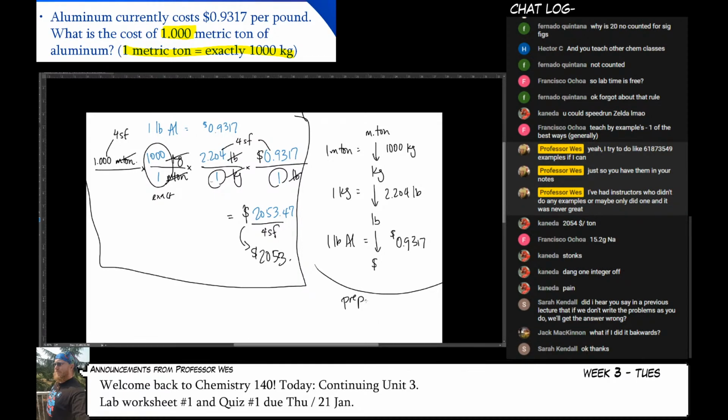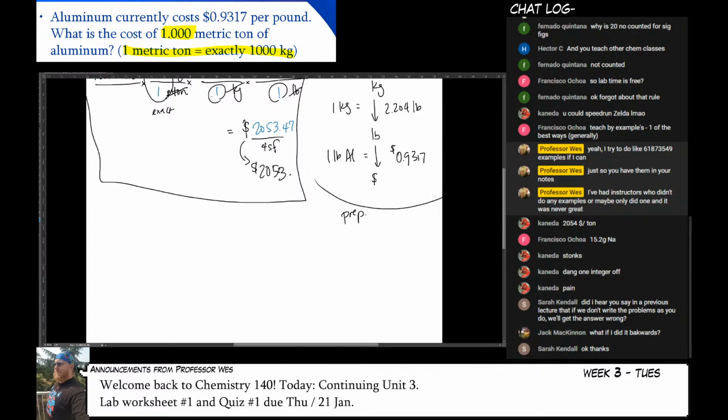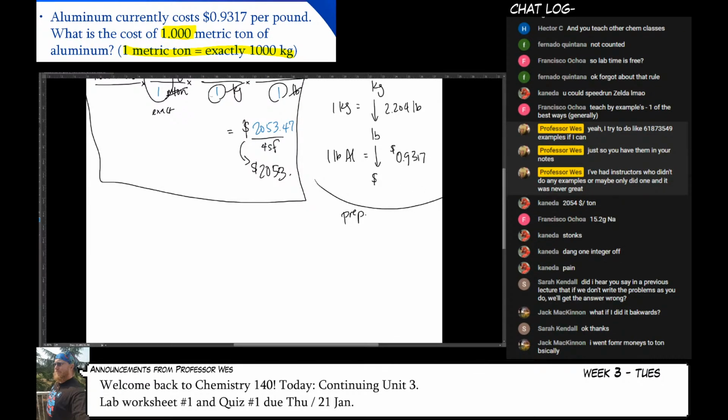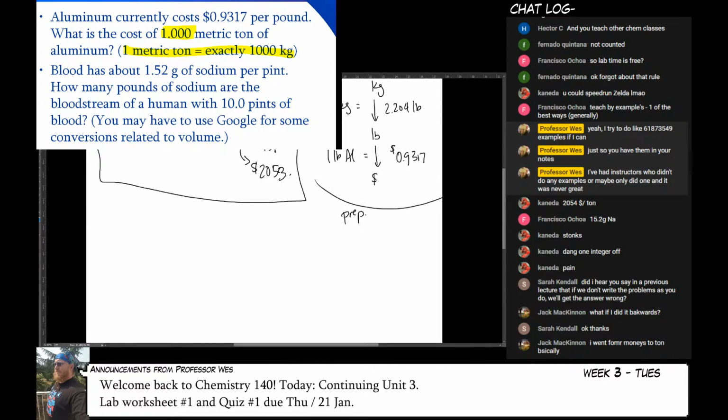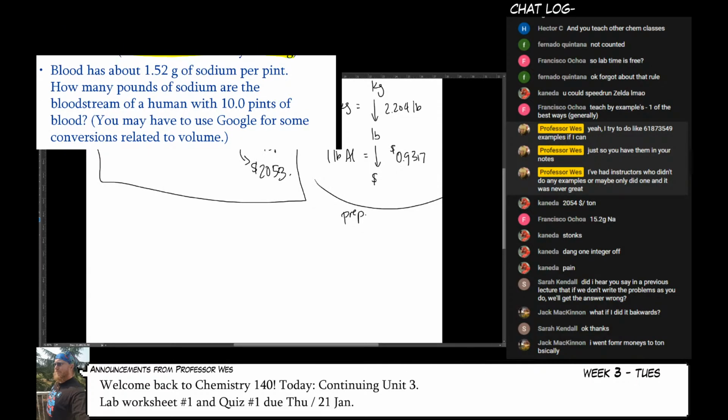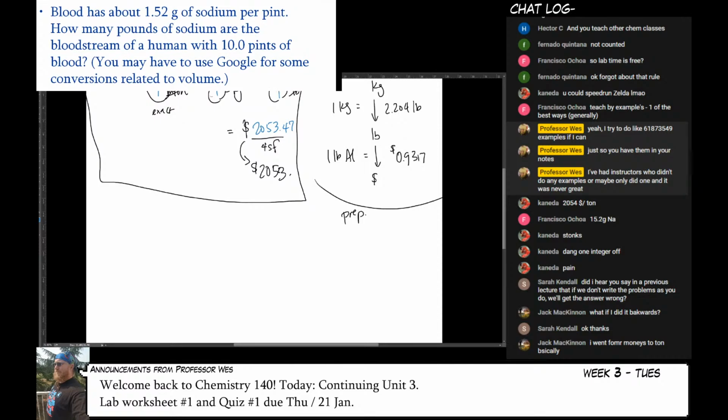What if you did it backwards? I'm not really sure what you mean by backwards, because you'd have to have the answer before you could work backwards. I don't know how you would go from money to tons, since you have to solve for the money itself.